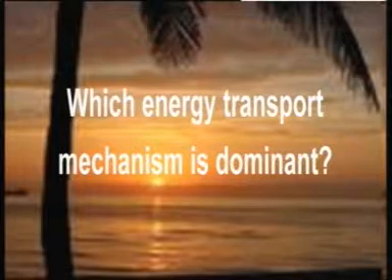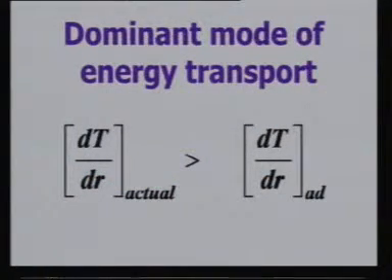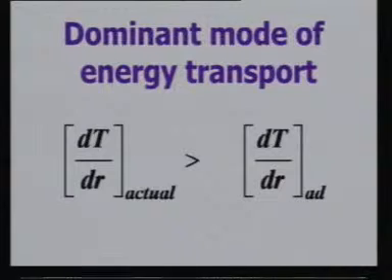And the answer is that if in a certain region of the star the established temperature gradient is greater than the adiabatic temperature gradient, then the energy is transported by convection. If it is smaller than the adiabatic temperature gradient, then the energy is transmitted by radiation.